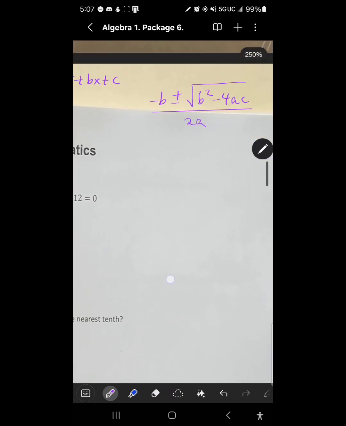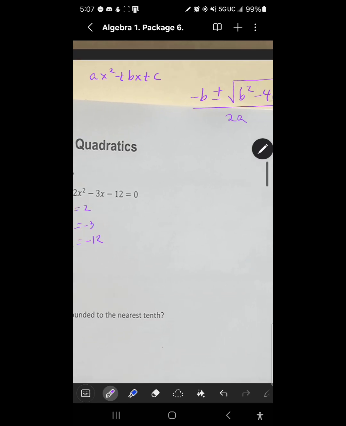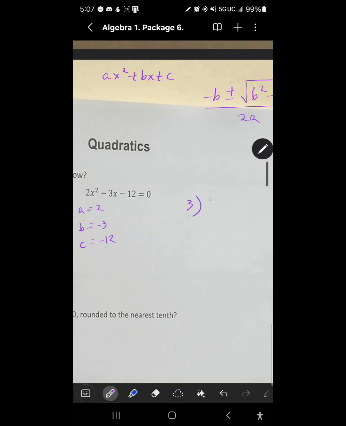So this is the formula. I'm not sure if you guys are provided with any formula, but I really recommend to learn it. It's going to help you in all the math you take from now on. So really very important. So I'm going to say minus negative 3, which is just going to be positive 3, and just substituting the values.